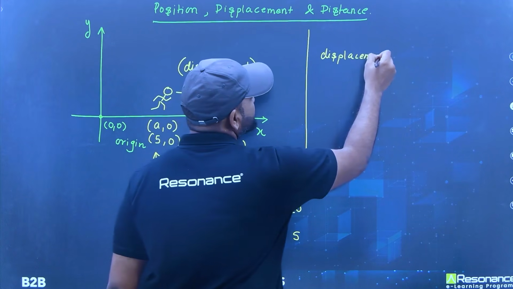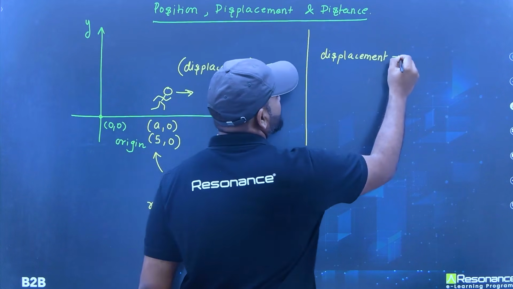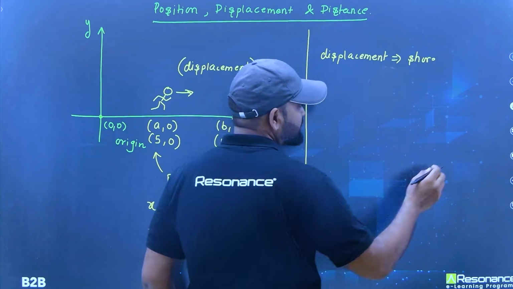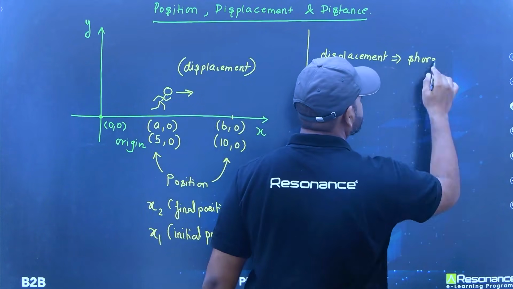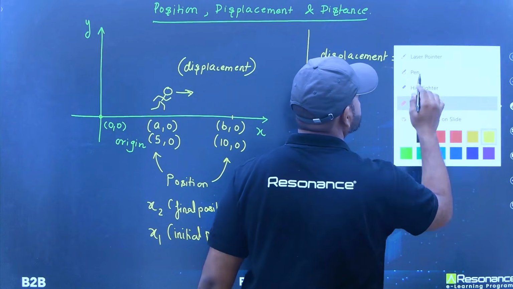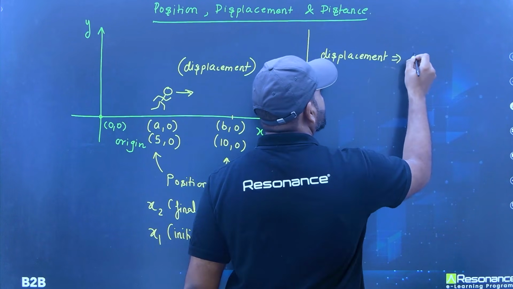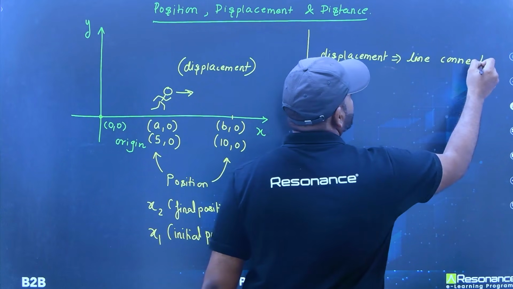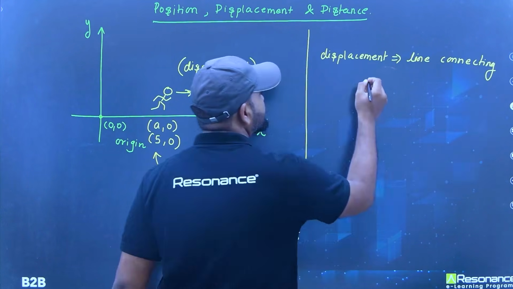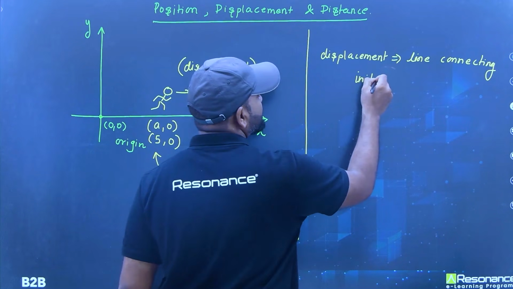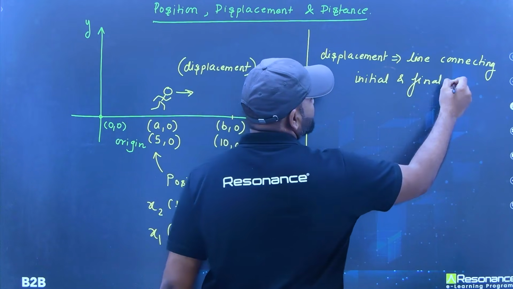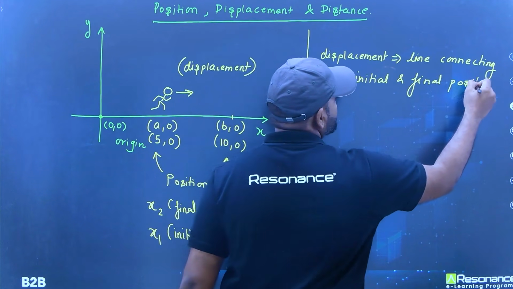Displacement is the shortest, or let's write an even simpler one: it's a line connecting the initial and final position.